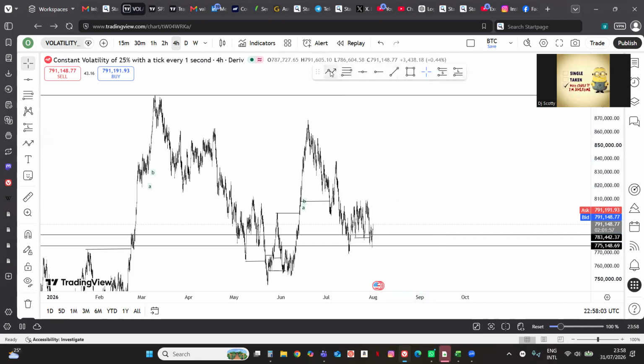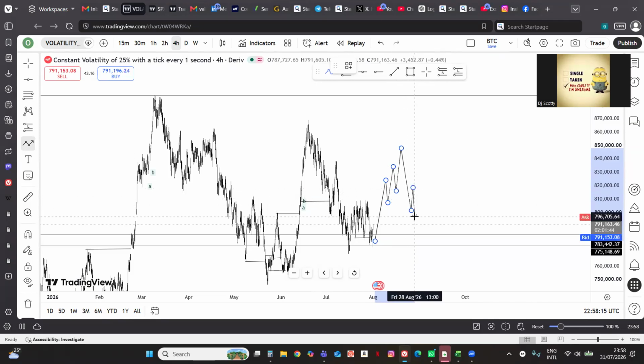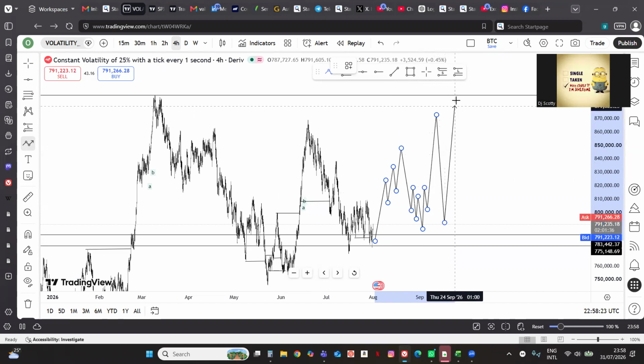If it doesn't do that, you want to identify an A, you want to identify a B, then you want the market to come down here and create a break of structure by doing something like this. And then this becomes your entry here.